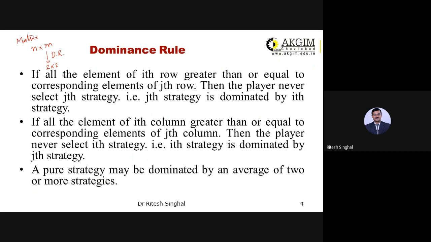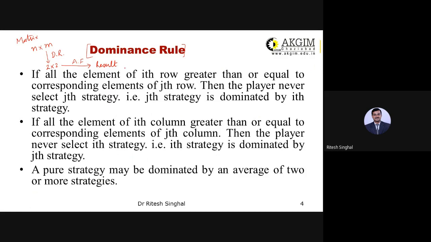And after that, we have an analytical formula to solve this game and we get results. So the dominance rule does not give you the result directly, but definitely it will reduce your game matrix into a 2 by 2 matrix. And after that, we have a formula that is called the analytical formula, and we get the results. So what is the dominance rule here?